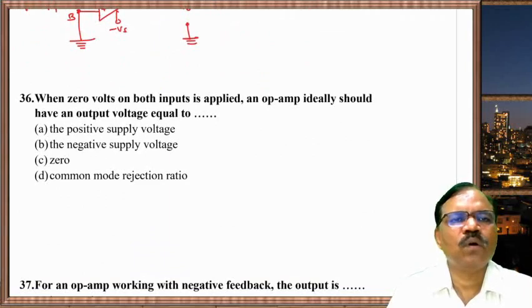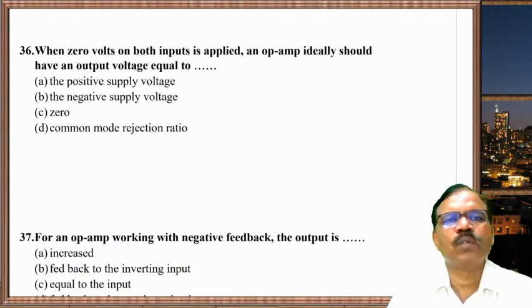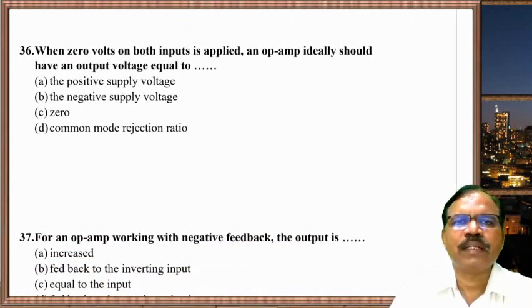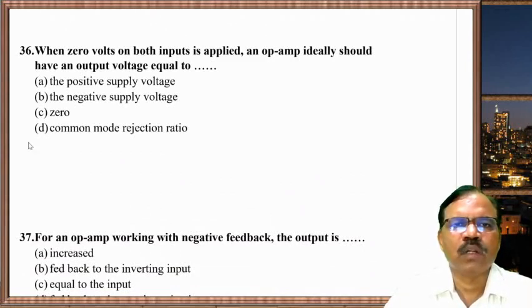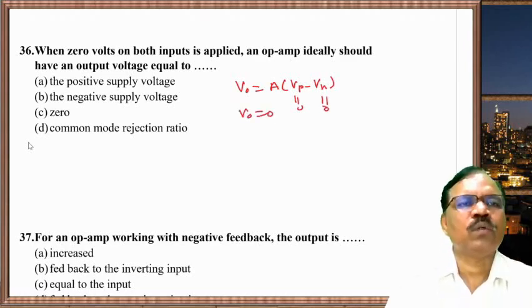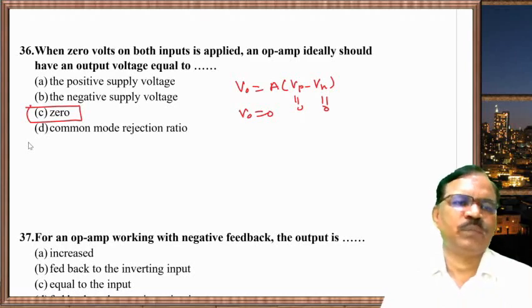When 0 volts on both inputs is applied, an operational amplifier ideally should have an output voltage equal to, we know V0 is equal to A times Vp minus Vn. So if both are 0, then output must be equal to 0. So it is 0.